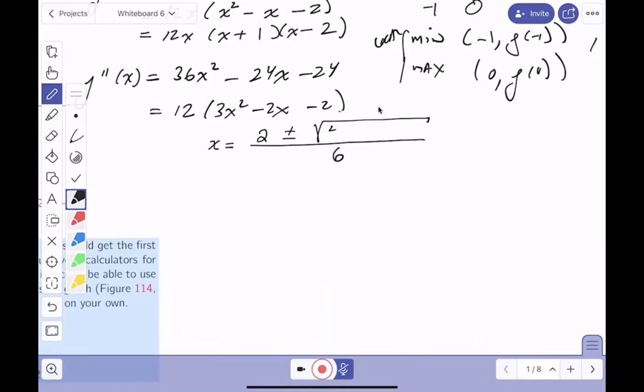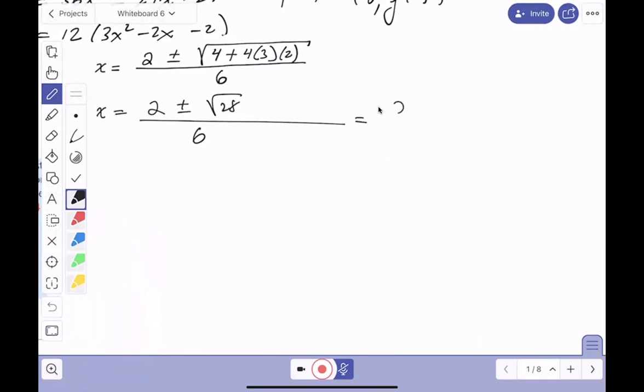Let's see, b squared is 4, minus 4 times a times c, which is minus 2. So I'll just do this over here. I've got to keep doing this. And this is a problem for me because it requires me looking at a number that's much more difficult than an integer. So let's see, you get, well, 3 times 24, 28 over 6.